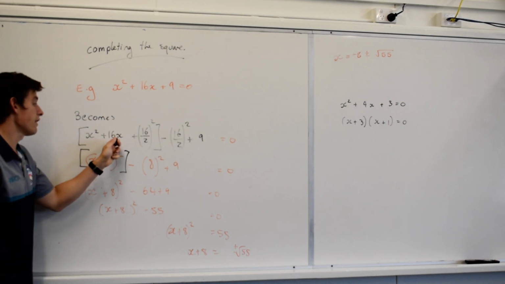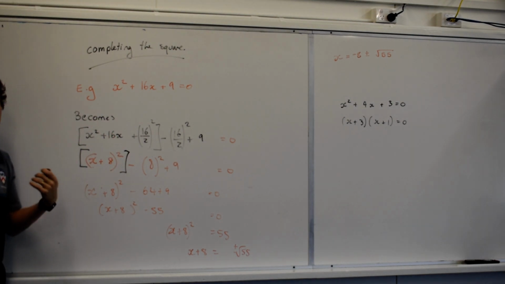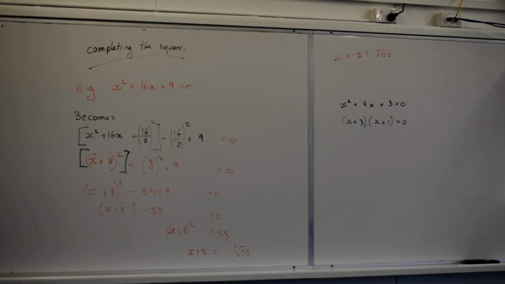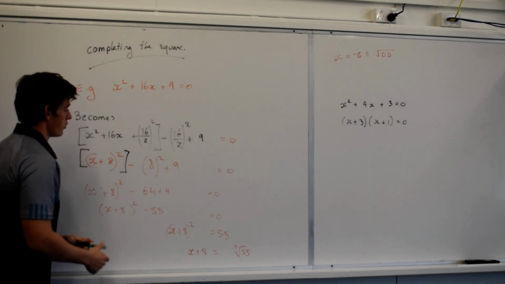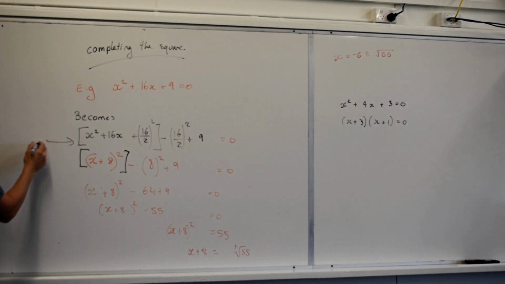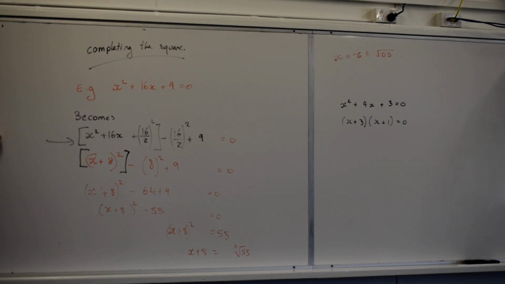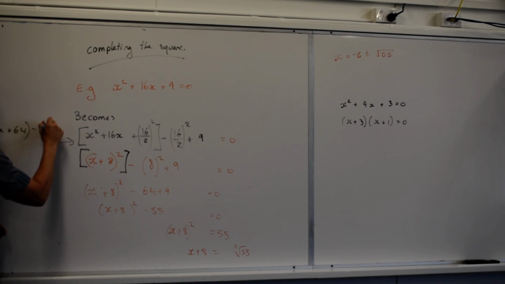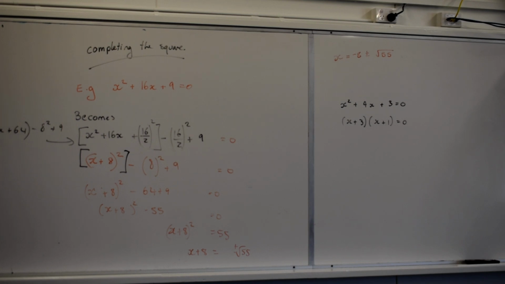So I've halved that second number, the b value, and squared it. What is half of 16? 8. So I really should have written 8 squared there. The next line of working I should have added is x squared plus 16x plus 64 minus 8 squared plus 9. And that gets me to that.